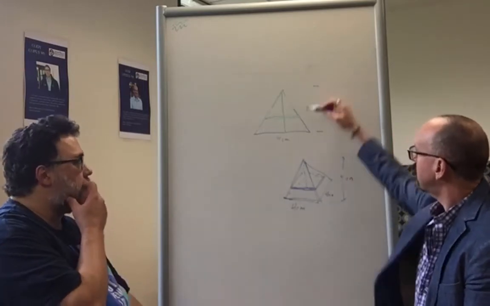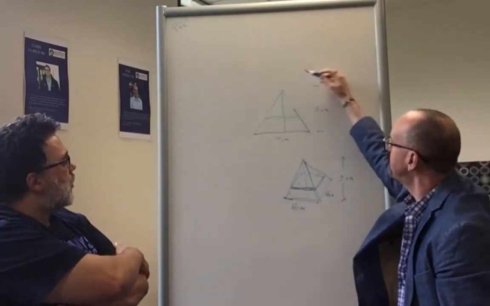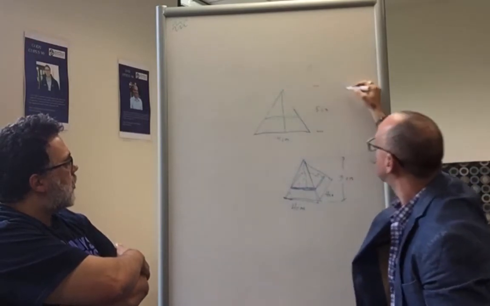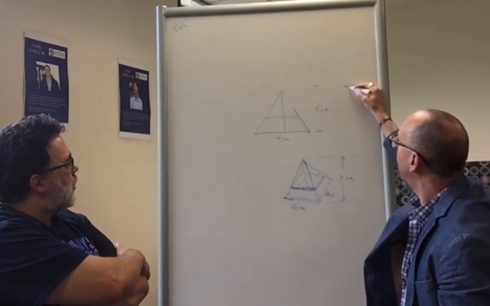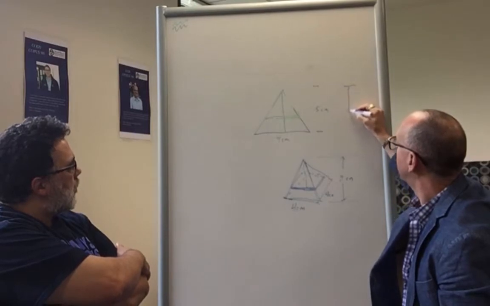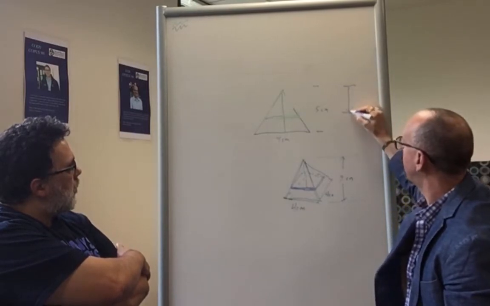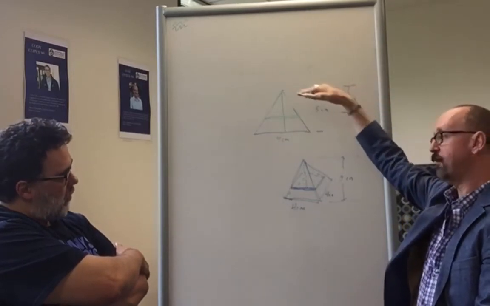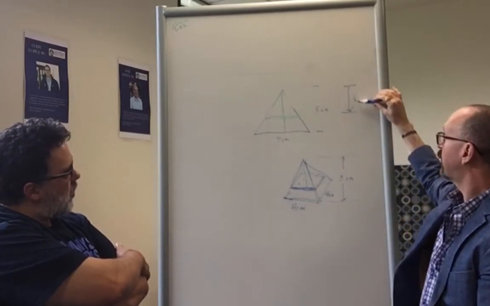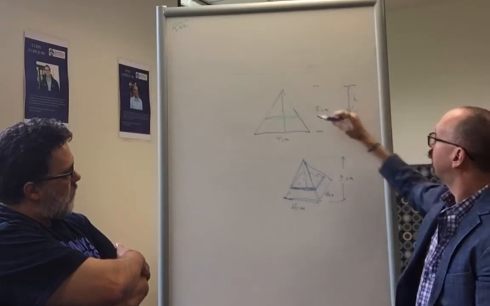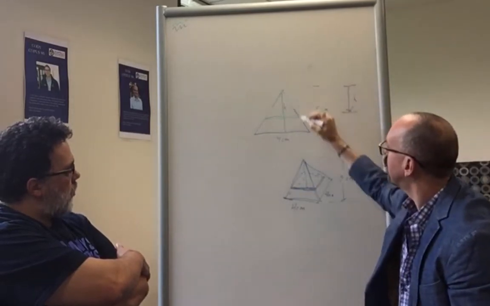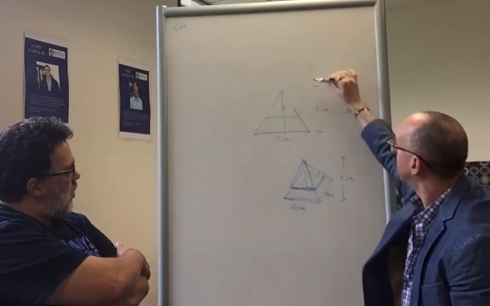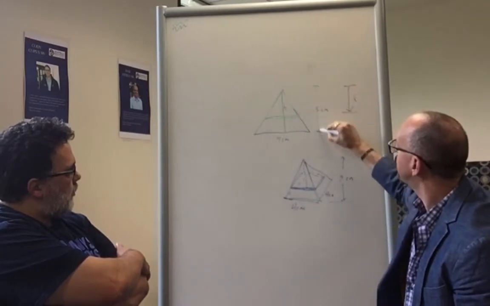So if I'm choosing my independent variable, my input variable, it's going to be position measured from the tip. So at a particular height h, I'm going to have height h here. Then this is 5 centimeters.